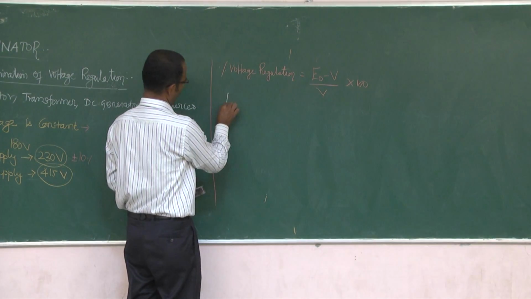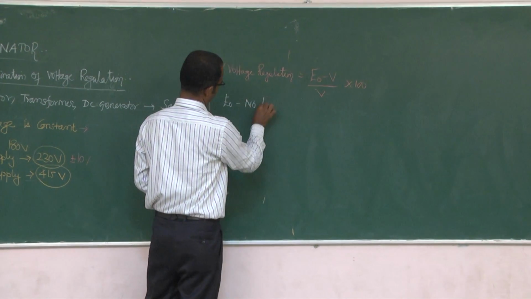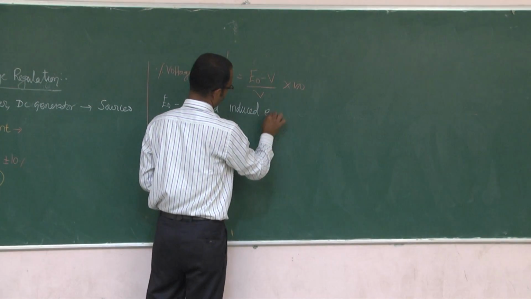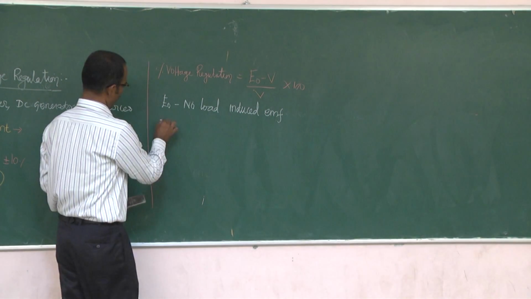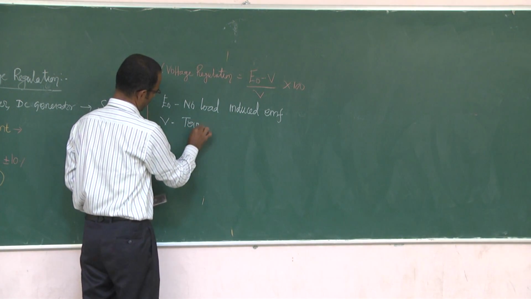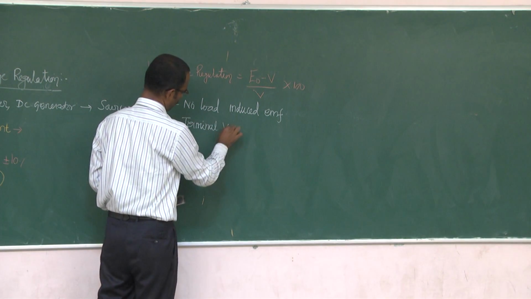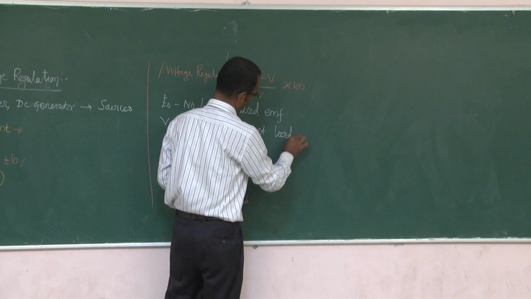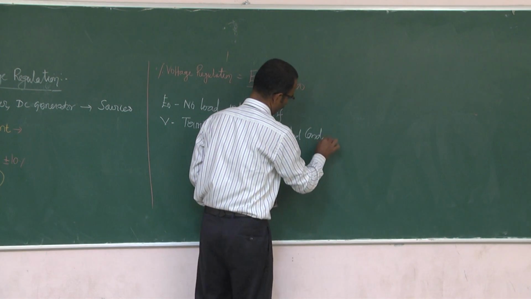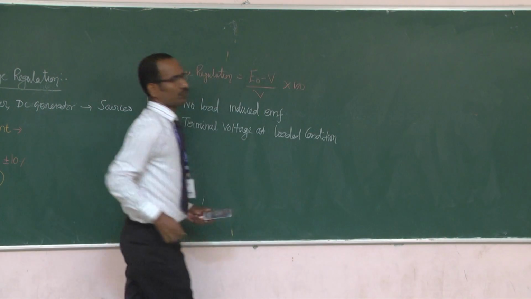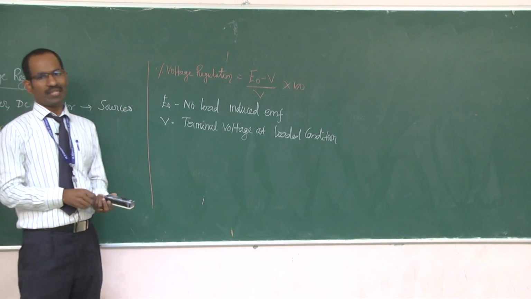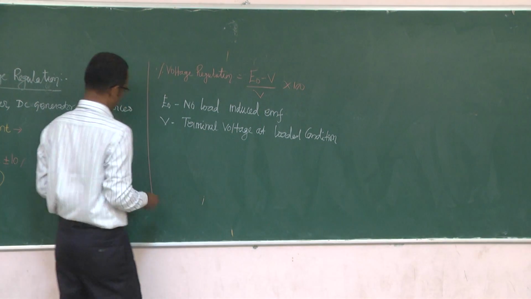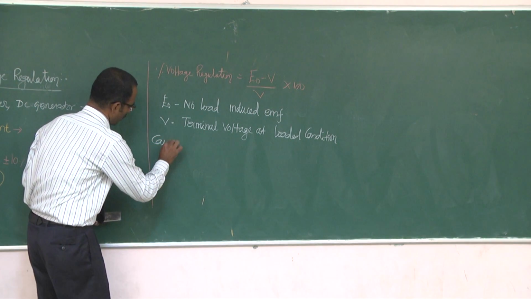E0 is nothing but the no load induced EMF. V is the terminal voltage at loaded condition. What is the reason for the drop in voltage whenever we add the load to the circuit? There are three reasons. These are the causes for the voltage drop.